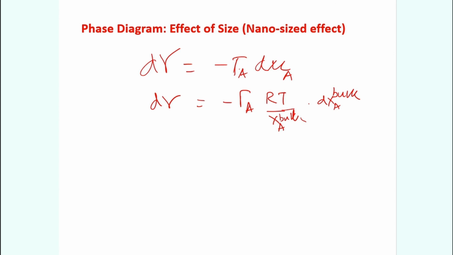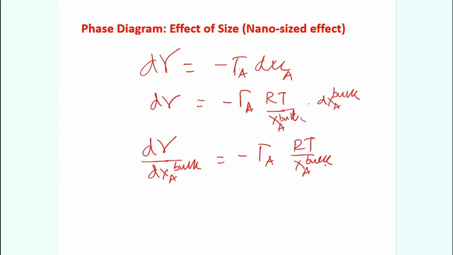Am I clear? Remember, we are not using surface energies here, that is why. So, I can write d gamma by dXA bulk equal to minus this term, gamma A RT by XA bulk, right.